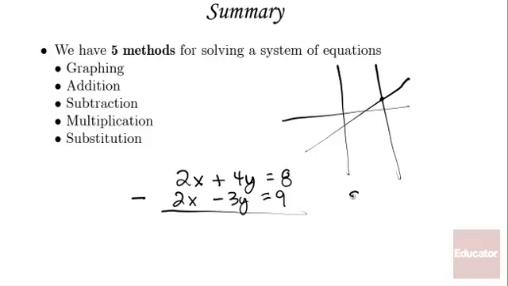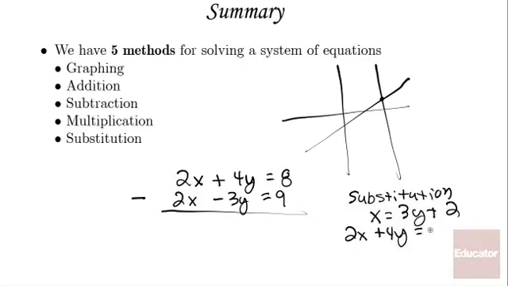For example, if I had a system of equations such as this, I would notice that I had a variable with a coefficient of 1, and I could solve that by substituting this expression into the second equation. Once I have that, I have 1 equation with 1 unknown, and I can solve for y.